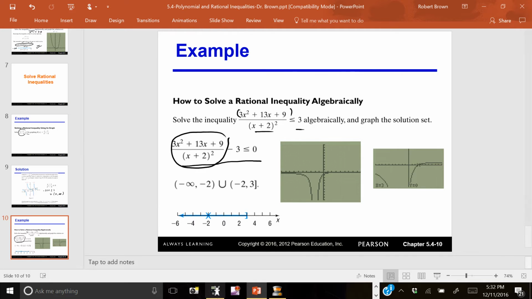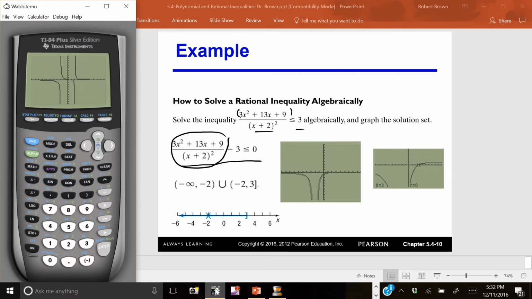So what we do is we graph the equation, clear it, and enter 3x squared plus 13x plus 9 divided by (x plus 2) squared, minus 3.